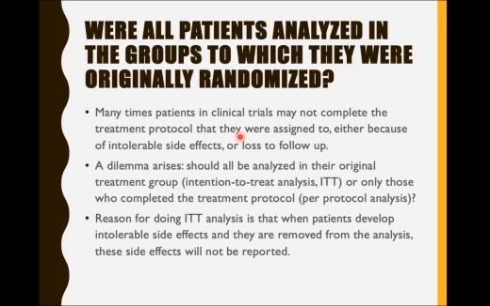But some trials do both intention to treat analysis and per protocol analysis. But of course, it's always best to have the intention to treat analysis, because if only the per protocol analysis was done, meaning only those who completed the treatment protocol are analyzed, then that's a problem.